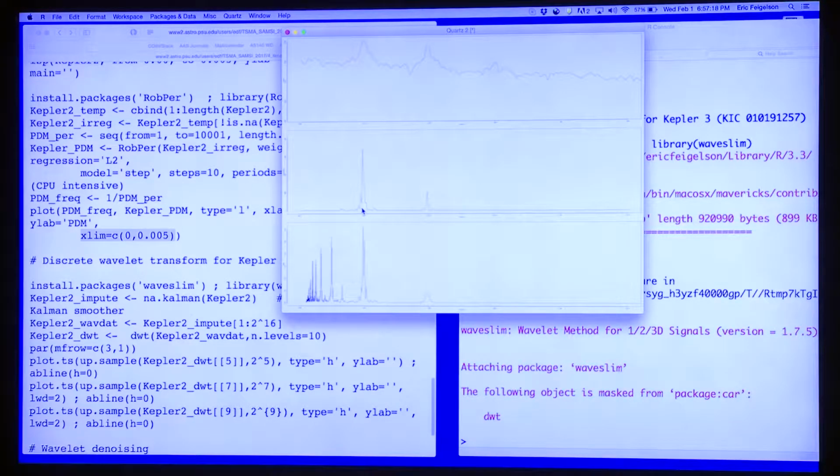Astronomers try, and it's almost always wrong. And if someone wants to come and visit me, I can try to describe some of those problems. But it's very difficult to evaluate, let's say, the significance of the secondary peak. Is it really there or not? It's very hard to know.